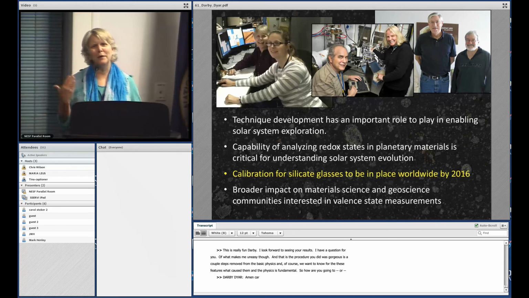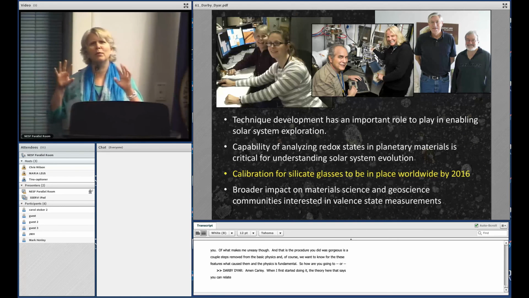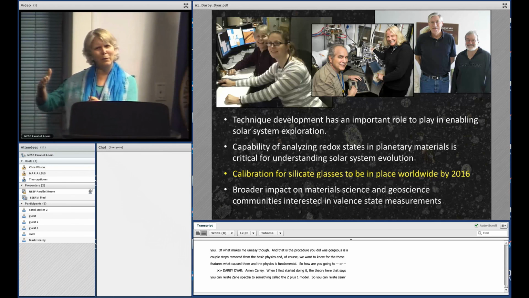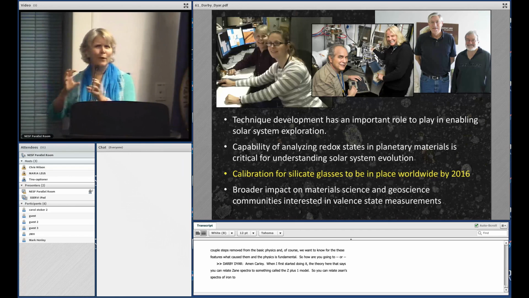When I first started doing it, there's a theory that says that you can relate XANES spectra to something called the Z+1 model. So you can relate XANES spectra of iron to spectra of cobalt, which is the next element up on the periodic chart, because the theory says that when you take an electron out of the 1s orbital, temporarily the nucleus is fooled into thinking it has an extra proton.